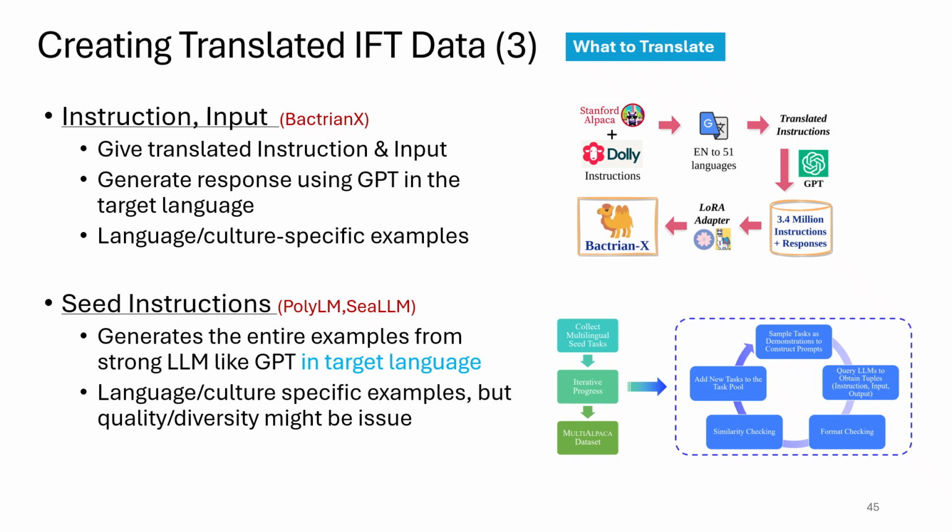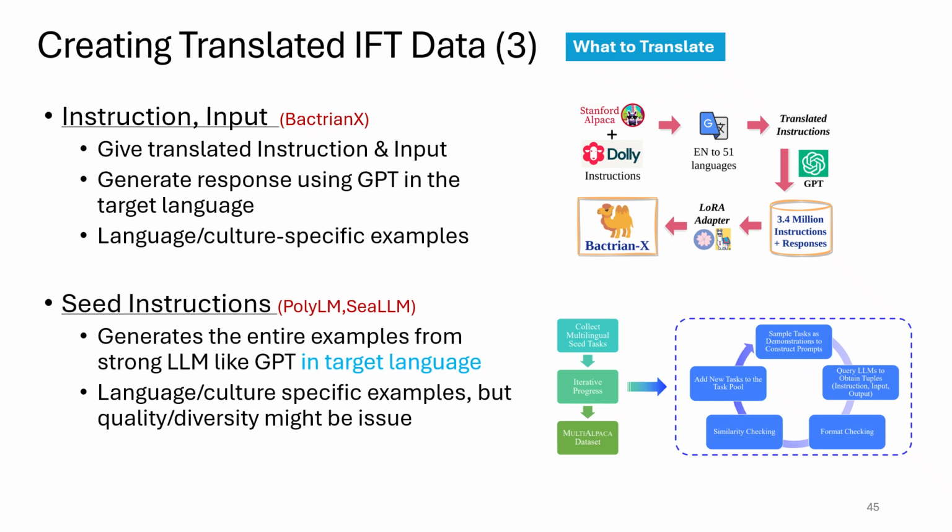So that might be a reason to not use the outputs from the IFT dataset. Or you might have access to a large set of prompts which you can translate and then use GPT to do the response generation.